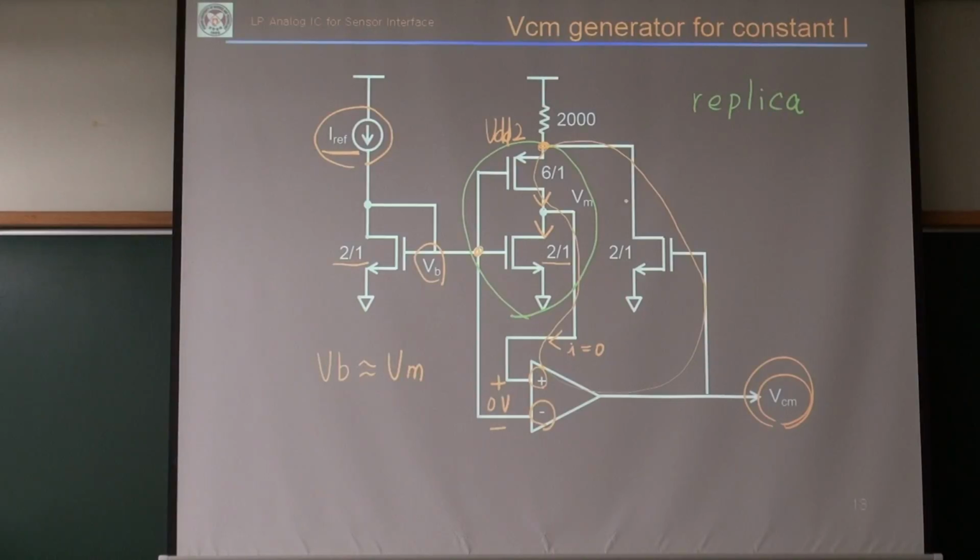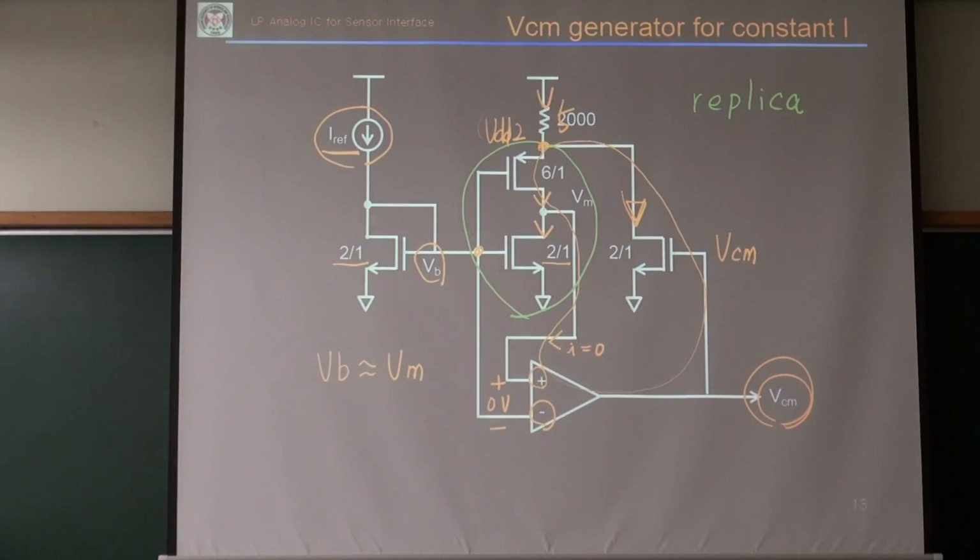Yeah, some current flows through this resistor. Oh, I think this is 5K. It adjusts the VCM voltage and adjusts this bypass current. It flows through 5K resistor, and then it will reduce supply voltage of this inverter.